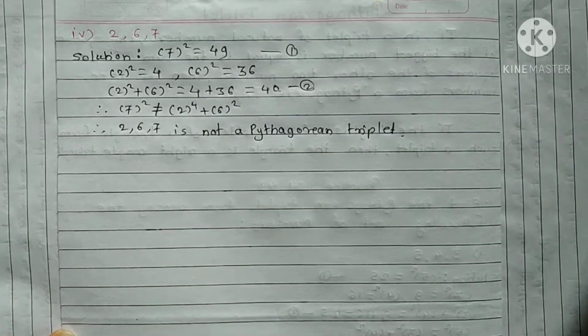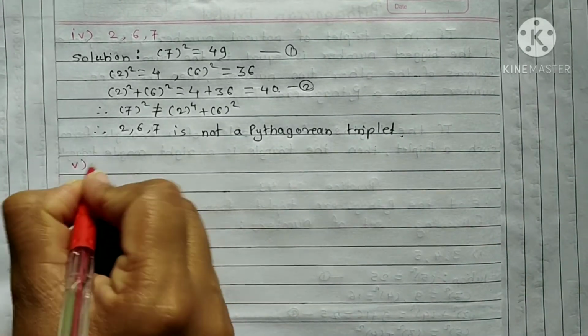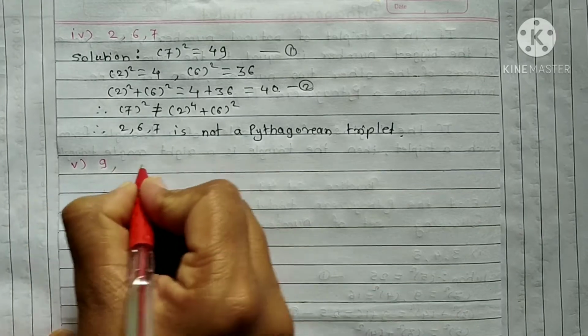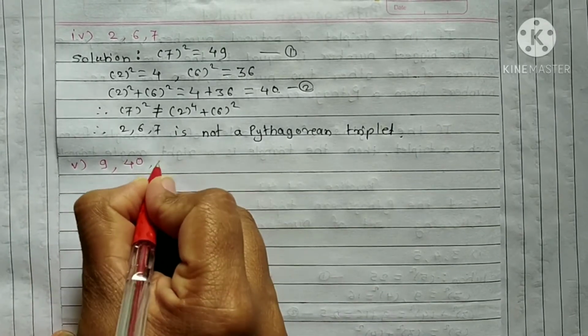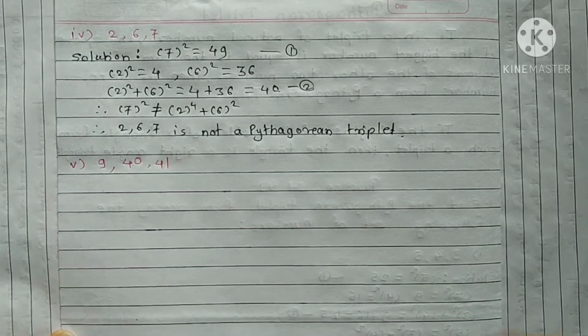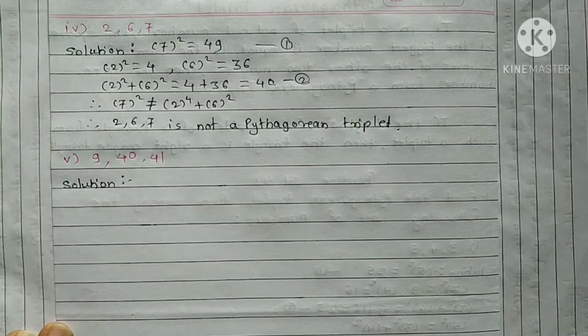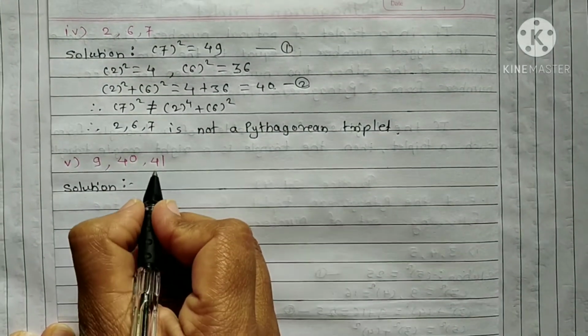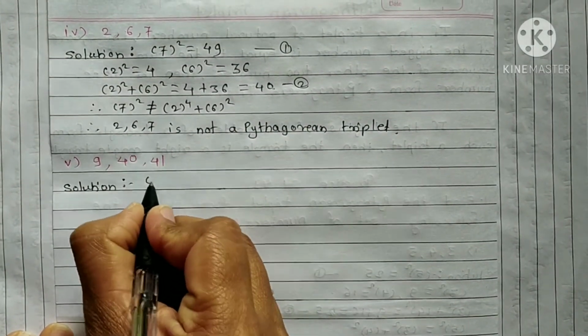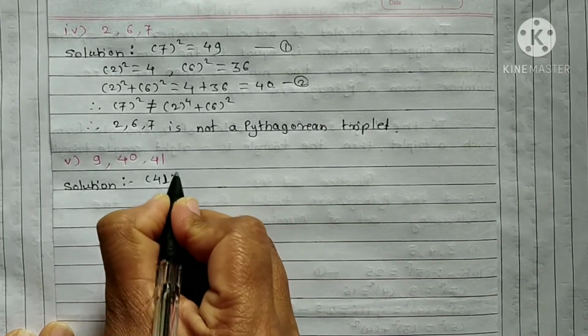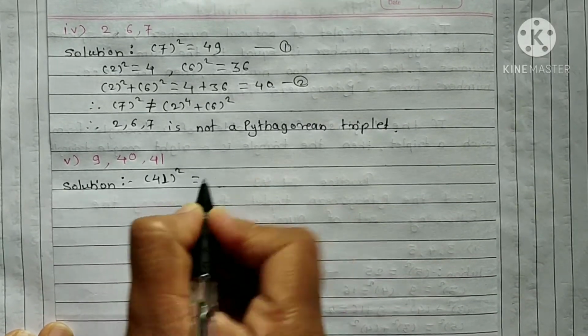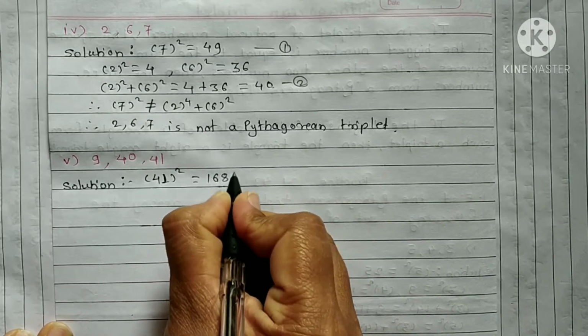Now next, example number 5: 9, 40 and 41. Let's see the solution. Here the biggest number is 41. So 41 square is equal to 1681.